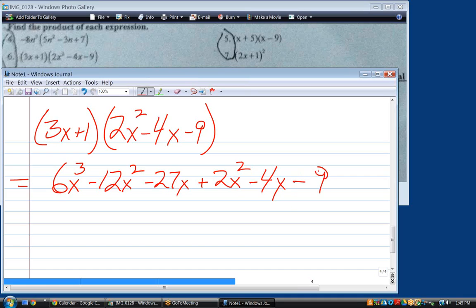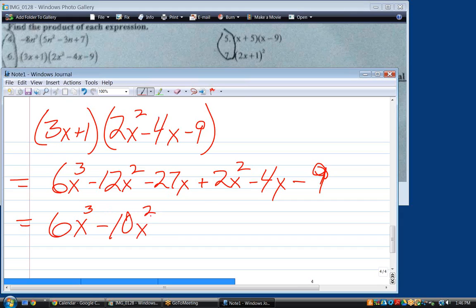Okay. Now combine like terms. Now you're always only going to have one of these. There's only going to be one x cubed, and it's that one. But usually you have a couple of x squared terms. Combine those. So it would be negative 10x squared.